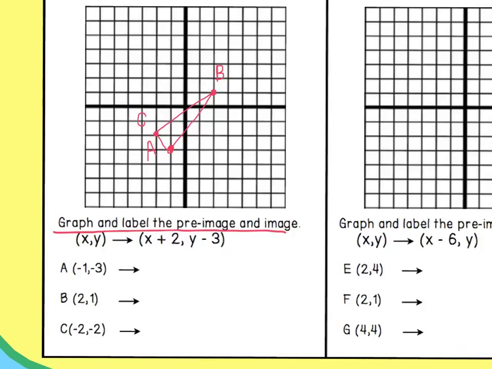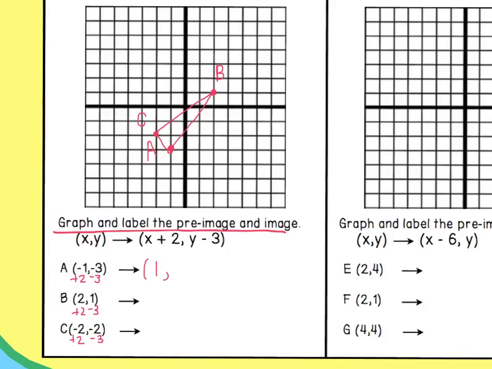From here, it tells us that we need to move our x 2 to the right. So we're going to add 2 to our x's. And we're going to subtract 3 from our y's. When we do that, negative 1 plus 2 is positive 1.